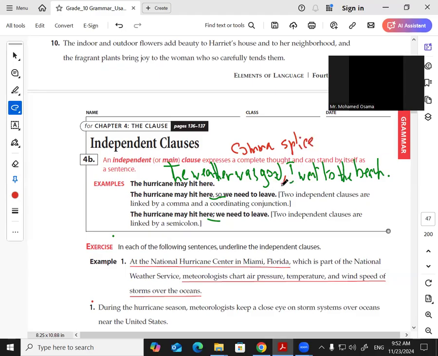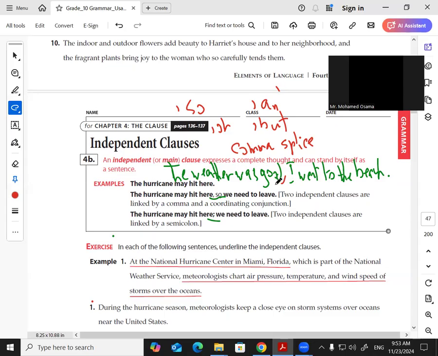Simply, the comma is not strong enough to hold or to carry two independent clauses. So the comma needs assistance. So we can say comma and, comma but, comma so, comma or, depending on the meaning or the context of the two sentences together. So comma only, it doesn't work.